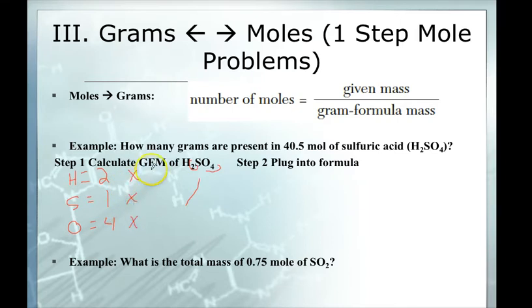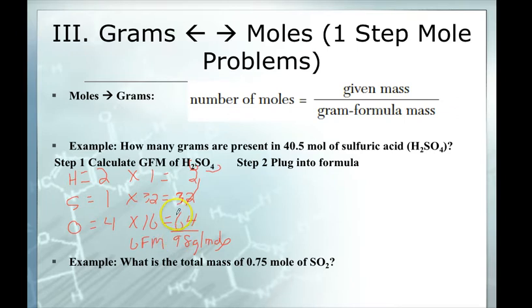So the atomic mass for hydrogen is 1, the atomic mass for sulfur is 32, and oxygen's is 16. So we're going to do the multiplication. This comes out to 64, this comes out to 32, and this comes out to 2. So you have 32, 64, and 2 is 98 grams in a mole. That is the gram formula mass.